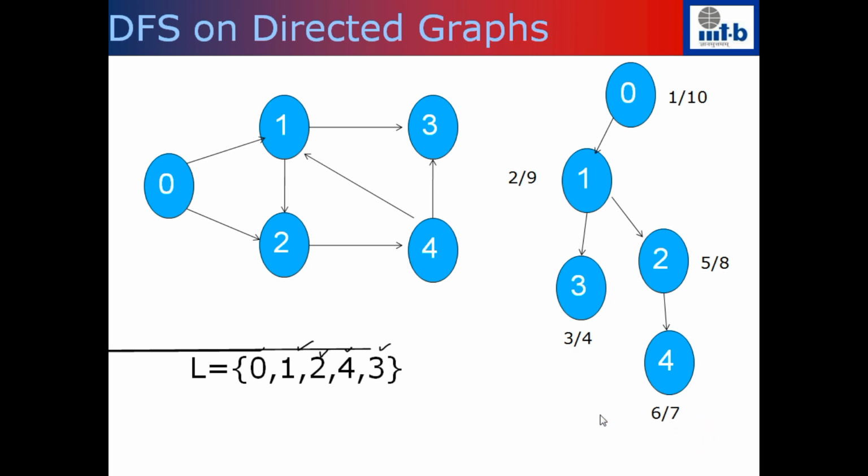So let's look at this example, the edge 4, 1. The finish time of 4 is 7, and the finish time of 1 is 9. So there is an edge from 4 to 1, and the finish time of 1 is bigger than the finish time of 4.